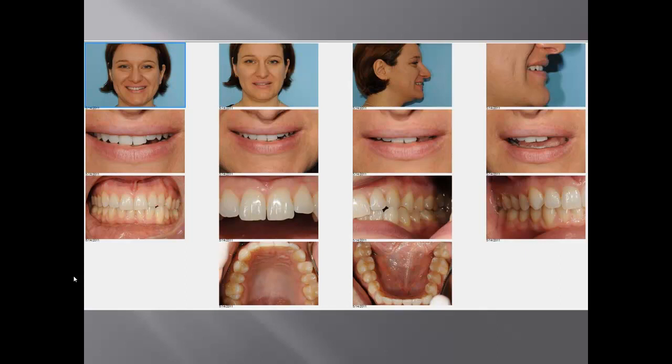So how to approach the case? We have 10 steps in the treatment planning, where and how I am supposed to position the teeth of the patient. The first 4 steps are more important. The first step is where to position your upper anterior teeth.